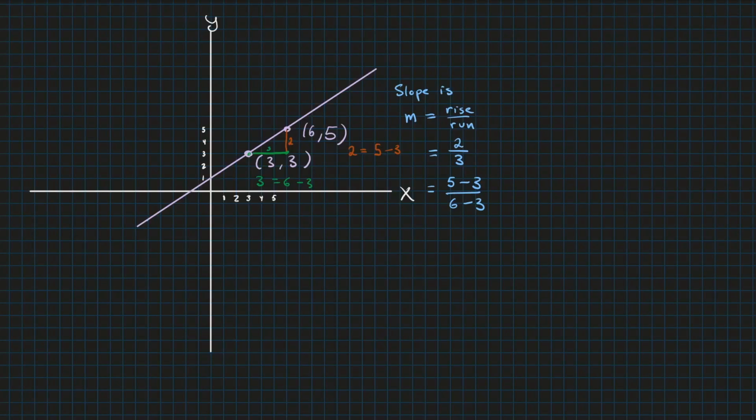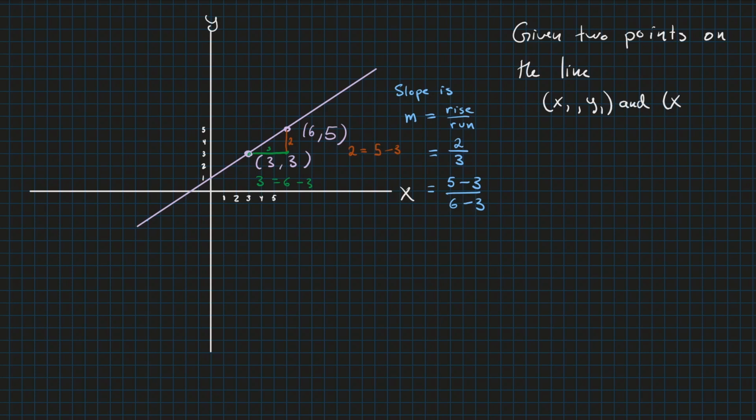So in general, given 2 points on the line, say (x1, y1) and (x2, y2), with the 1s and the 2s being subscripts, we get the slope m is equal to y2 minus y1 divided by x2 minus x1.